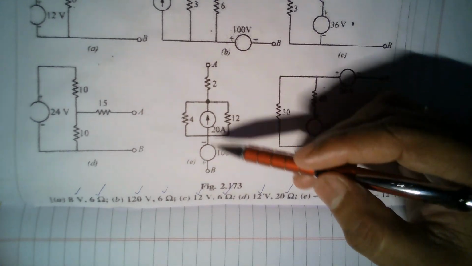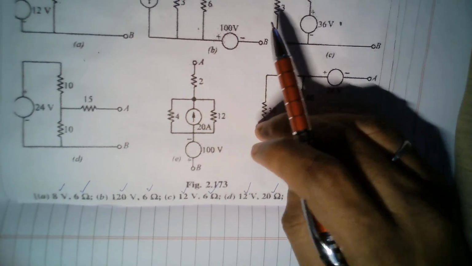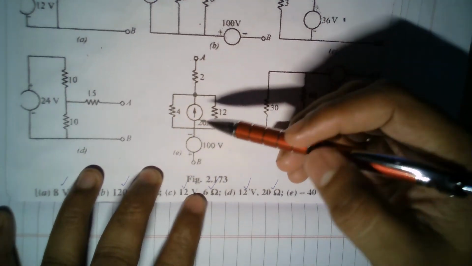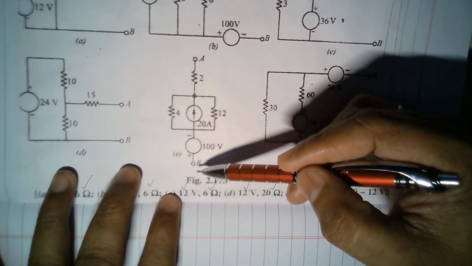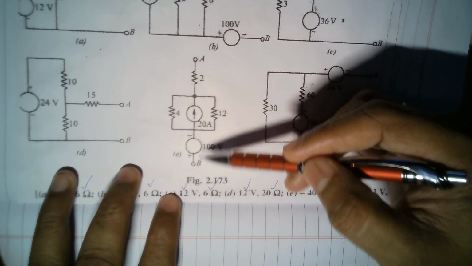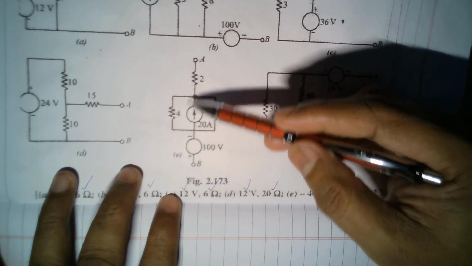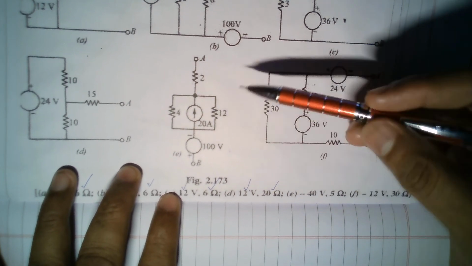Now let us work out this circuit. Okay, so just again you can pause, take a moment, look at this circuit. I will be solving it. So first resistance. Okay, so Thevenin's resistance between A and B. So looking at A and B, short circuit this part and open circuit this part. So when you open circuit this part, 4 and 12 will become, sorry, parallel.